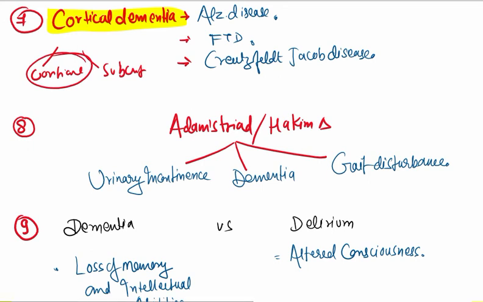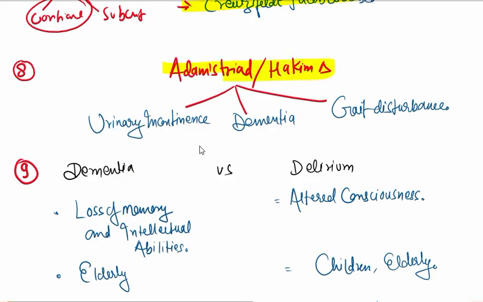This is Alzheimer disease, FTD, and Creutzfeldt-Jakob disease. Next one, Adams triad or Hakim triad. The patient has urinary incontinence, dementia, and gait disturbance. This triad makes the Hakim triad or Adams triad.